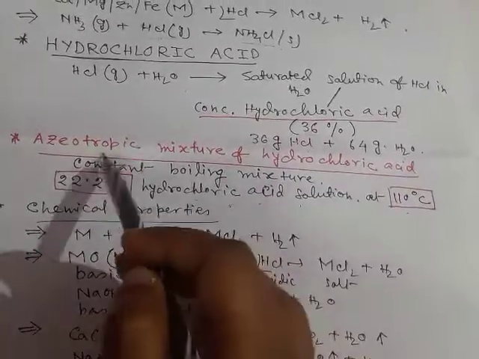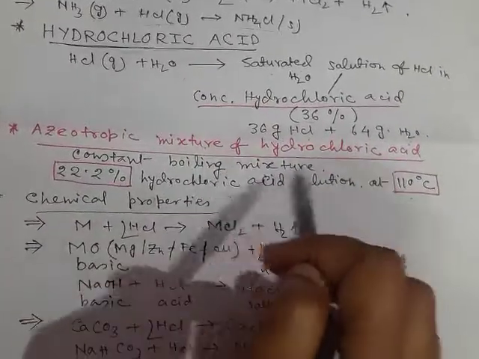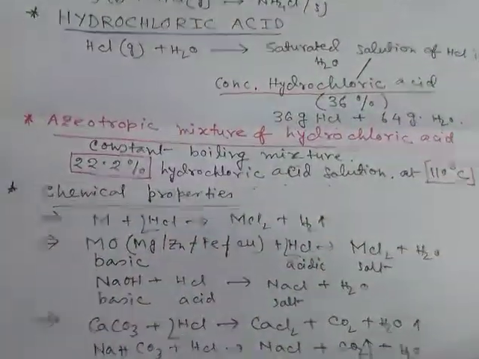This is called the azeotropic mixture or constant boiling mixture of hydrochloric acid.